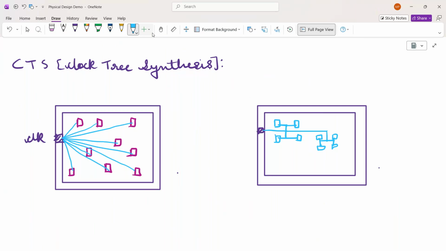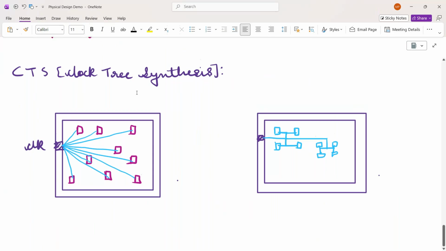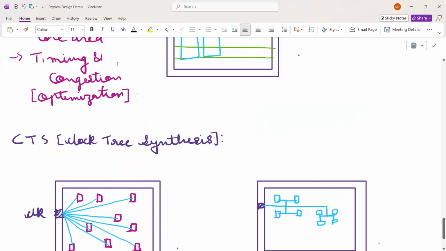At this point, the tool is working towards congestion and timing. It's doing different optimizations from inside. What is optimization? Optimization means making a lot of changes to meet the timing, while keeping congestion as low as possible.